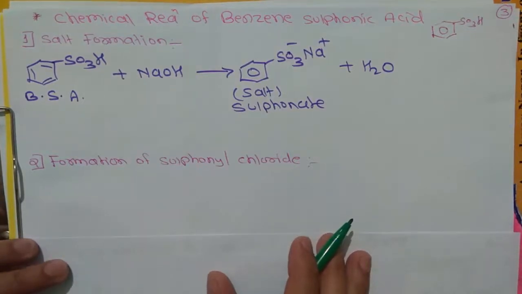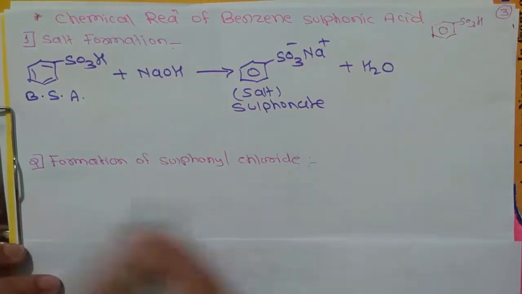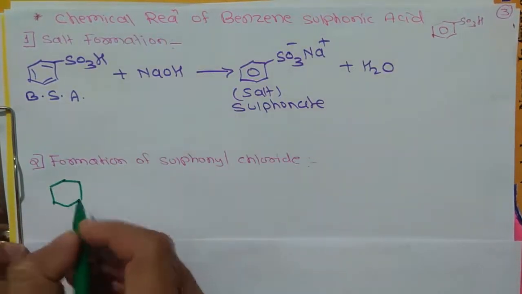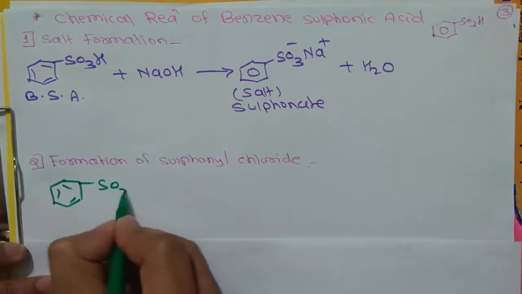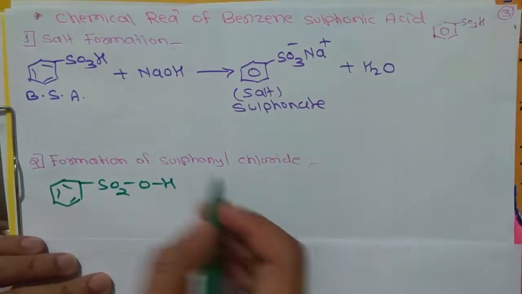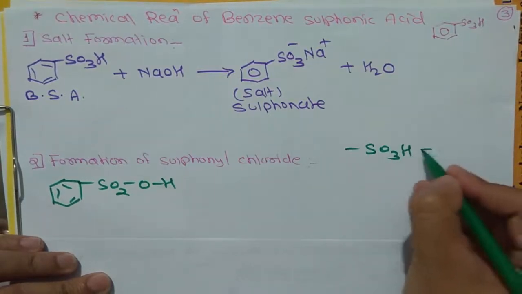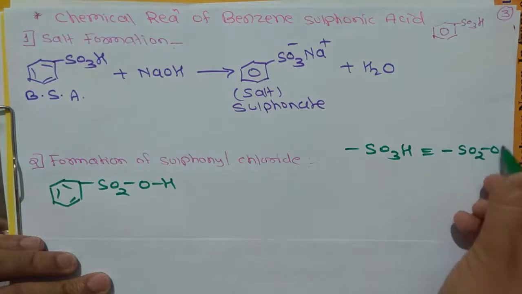Here we can take the reaction for the formation of sulfonyl chlorides. See here, it is the benzene sulfonic acid, SO2OH. This SO3H can also be written as SO2OH.